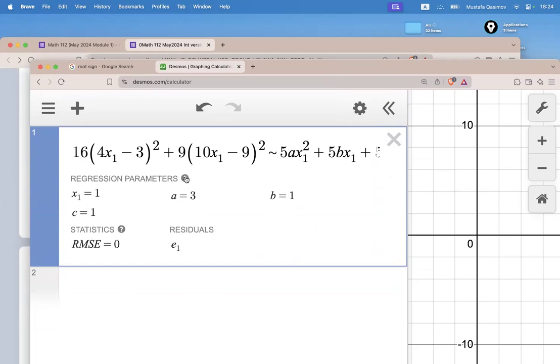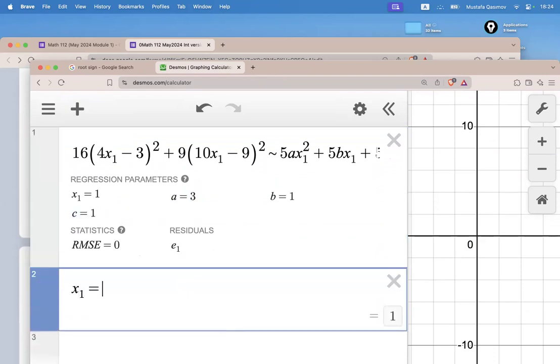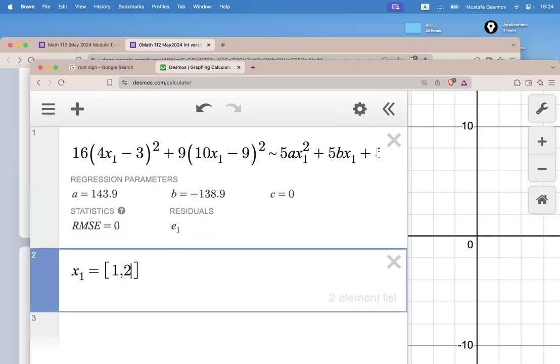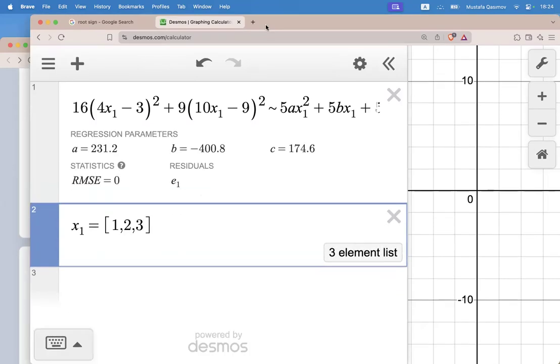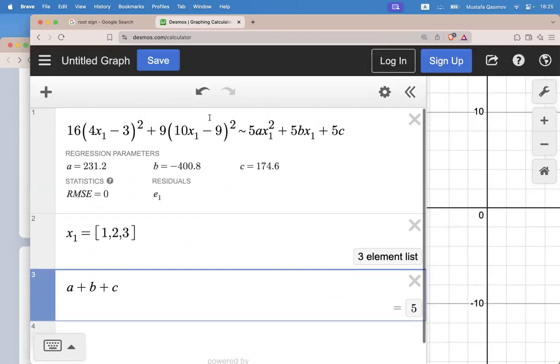Okay, you can see that it is not correct. No, the actual answer is correct, but the values of a, b, and c are not correct. But a plus b plus c will be correct. Then you have to write x1 is equal to 1, 2, 3, since it's correct for every value of x. If you want, you can also write 4, 5, and so on. Then you write a plus b plus c, and the answer will also be 5.